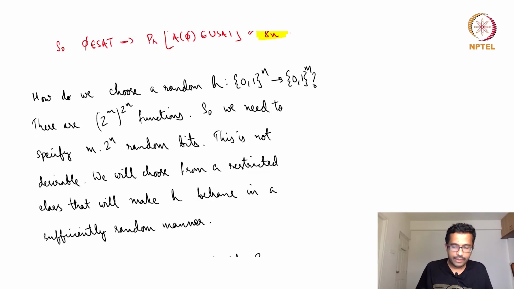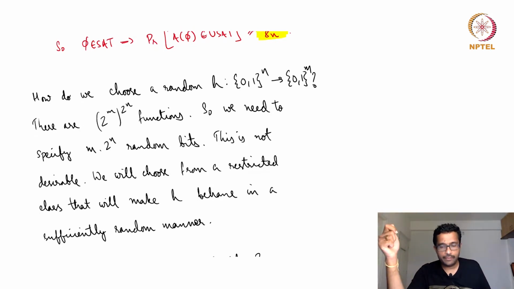We said that we need to choose a random function from 0 1 power n to 0 1 power m. How many such functions are there? Given each input, the input is an n bit vector, there are 2 power m possible values to assign. So h could be any of the 2 power m possible values.